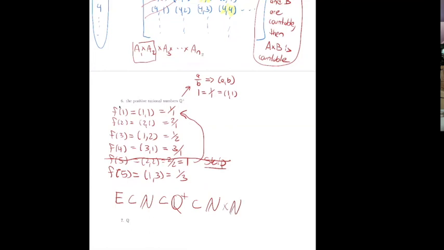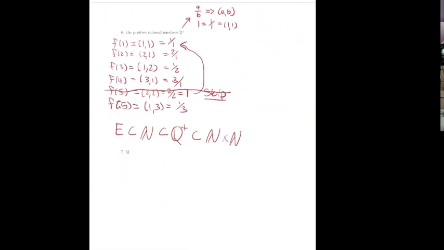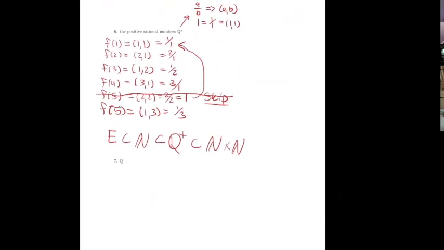So these are all subsets that are embedded in each other, but they all have the same number of elements, meaning we can count the number of elements in them. So when it comes down to Q in 7, what do you think we can do for this one?